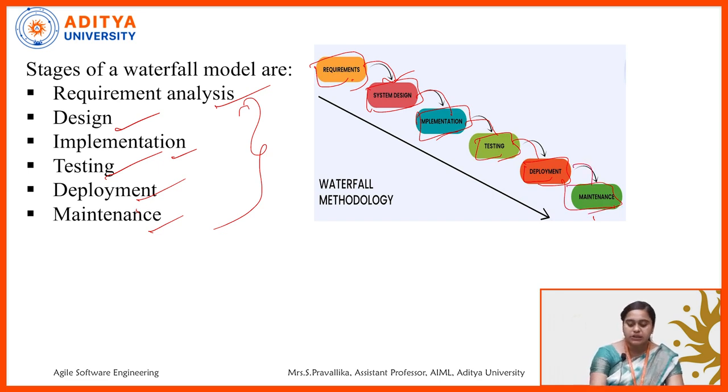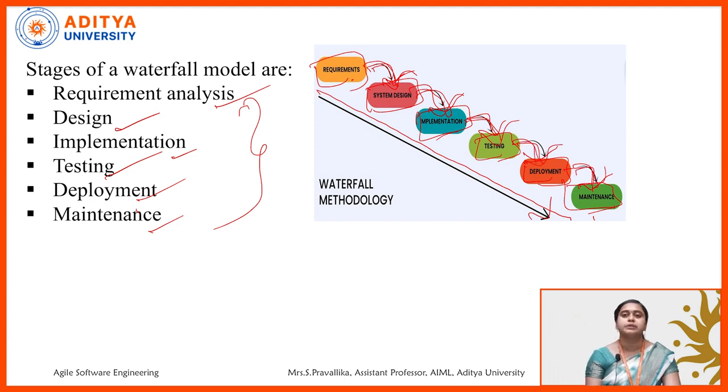This is the cascading effect, where we see the flow from one phase to another, and the representation looks like a waterfall. That is why it is called the waterfall methodology.